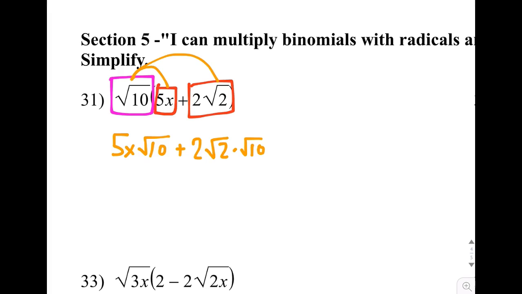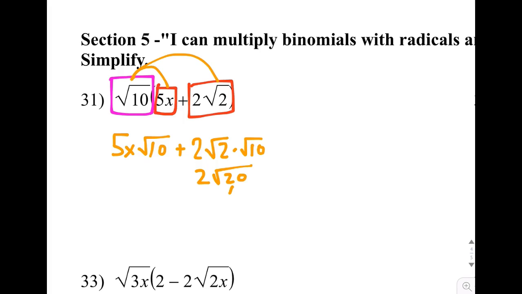That's the standard convention. 5x root 10 looks pretty reduced. 2 root 2 root 10, well 2 times 10 is 20, so I could write this as 2 square root of 20. I could have gone directly into breaking it down, or I could do it from here. It's your choice.